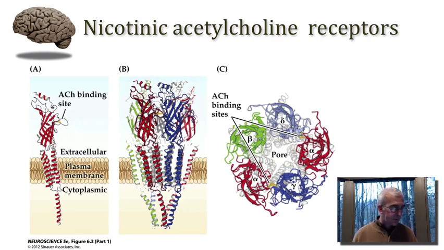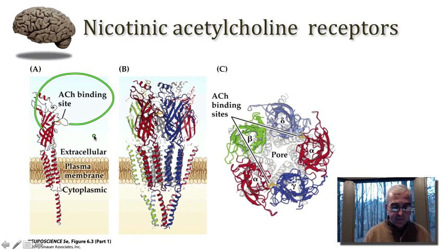So this structure has a characteristic set of subunits that come together to comprise this ionotropic receptor. Typically, there are 5 subunits that come together to form the functional nicotinic acetylcholine receptor. Each subunit has an N-terminus domain to it that binds the actual neurotransmitter acetylcholine.